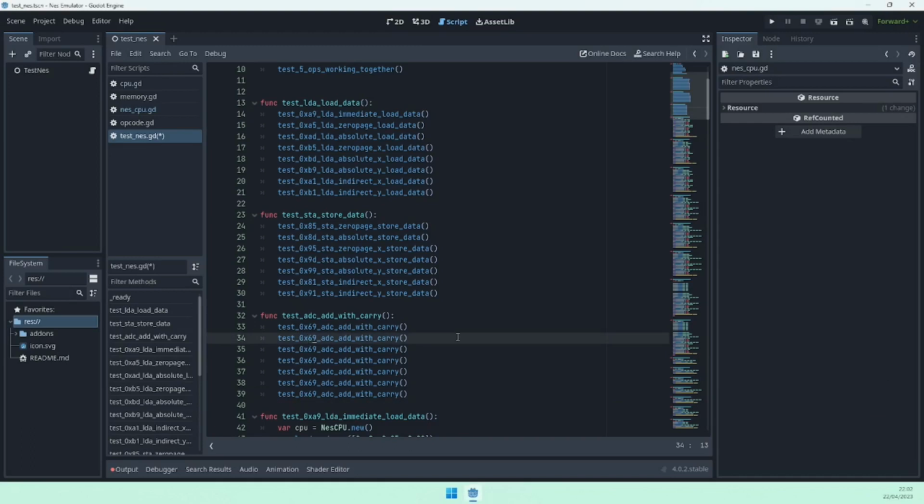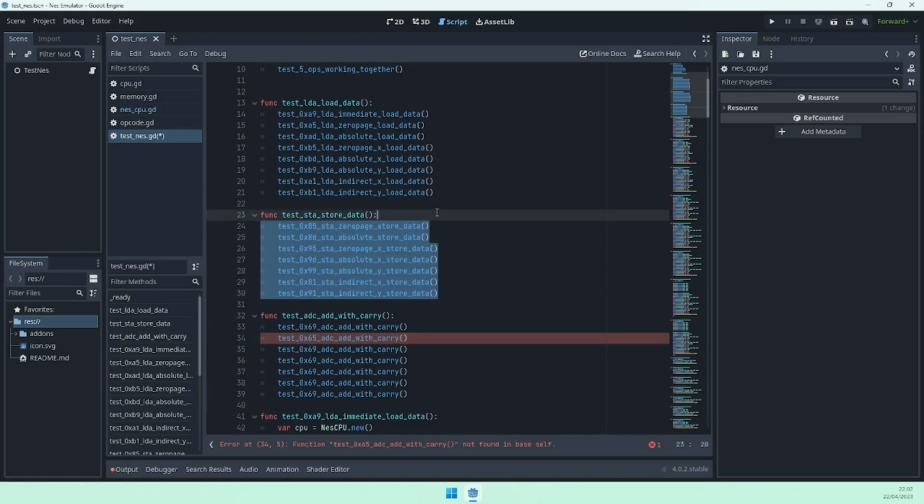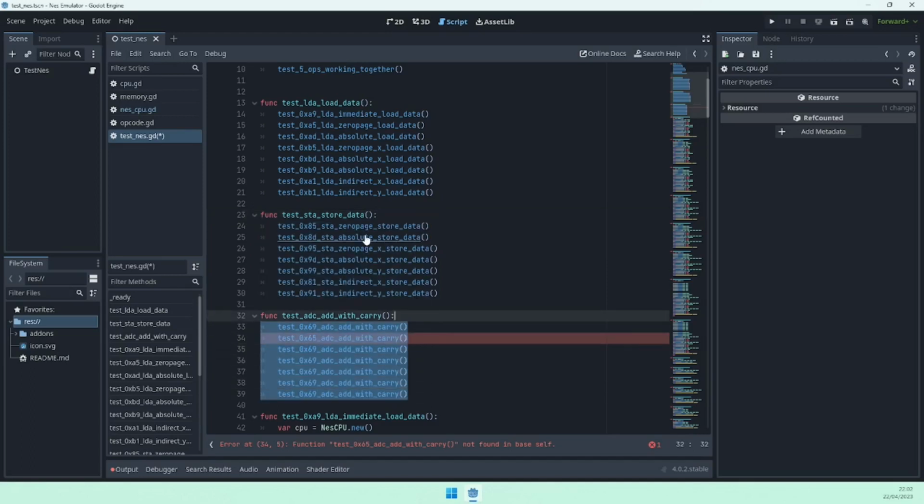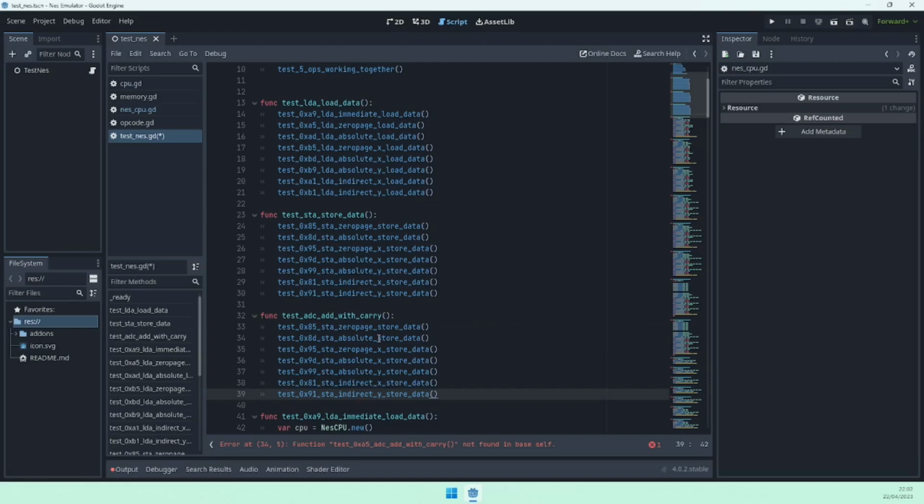So this one is 65. Alright. So no, this is not what I want. I want to copy this because I want to have the addressing mode written in my test. This is my ADC zero page.